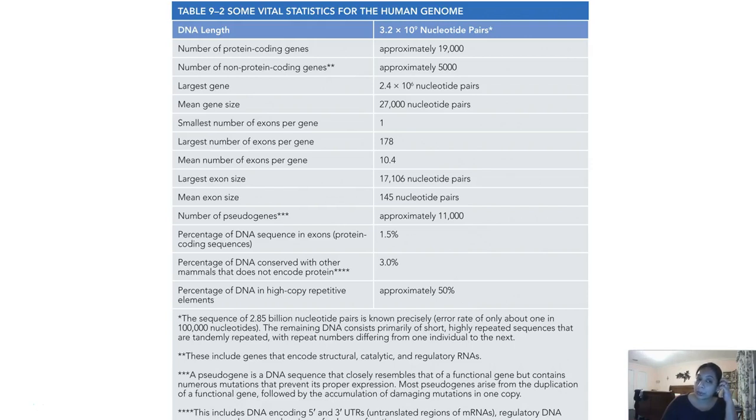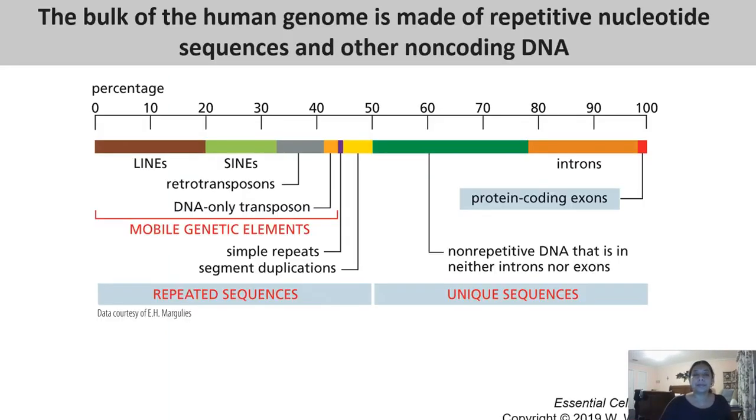The remaining portion contains some regulatory sequence and highly repetitive, high copy number elements: the mobile genetic elements that we've talked about, and pseudogenes, which are genes that may have existed at some time but have now become dead because they have become truncated or something has happened so that they are no longer able to be transcribed or translated appropriately.